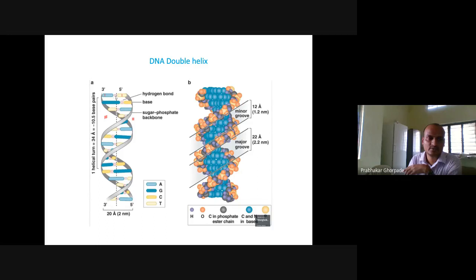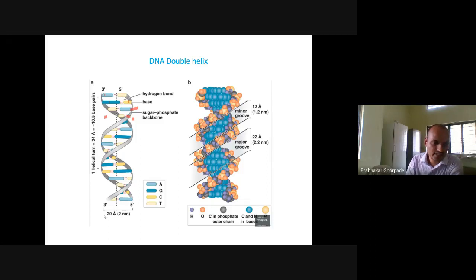For example, adenine pairs with thymine, cytosine with guanine, by 2 and 3 hydrogen bonds respectively. And this is the sugar phosphate backbone, meaning the first nucleotide and second nucleotide are joined together by a phosphodiester bond.